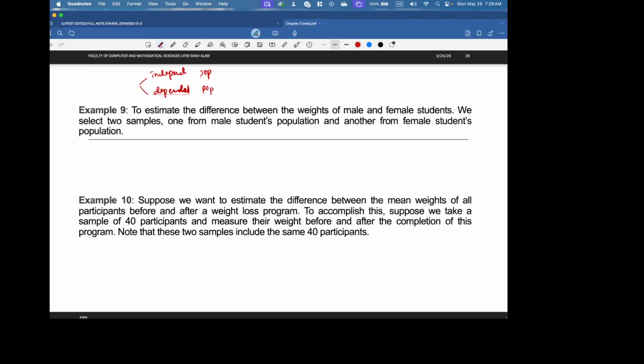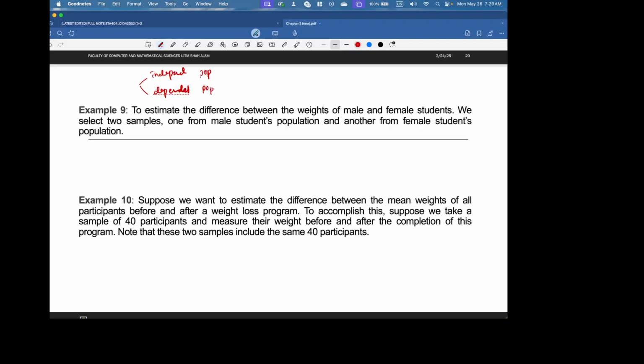Example 9: to estimate the difference between the weight of male and female students, we select two samples, one from the male student population and another from the female student population. So let's see whether male and female students have a relationship or not.